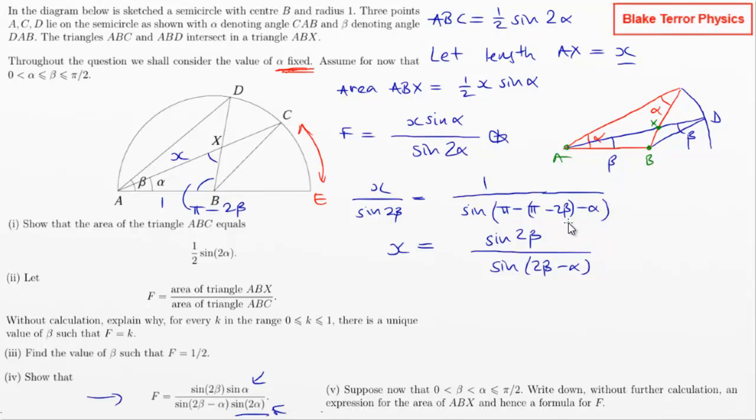Right, so all the calculations we did before, what has changed for ABX? Before, for ABX, we had an angle alpha, we had an angle pi minus 2 beta, and we had that angle there, which is pi minus both of these things, so that was our 2 beta minus alpha.